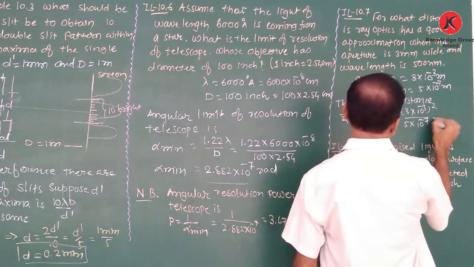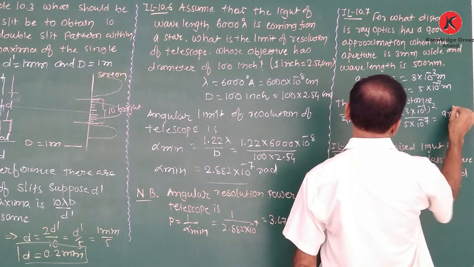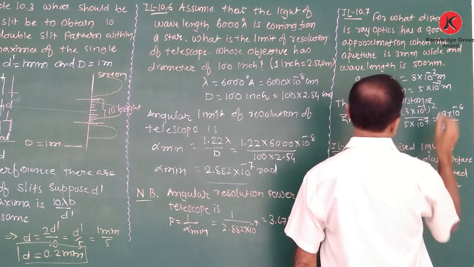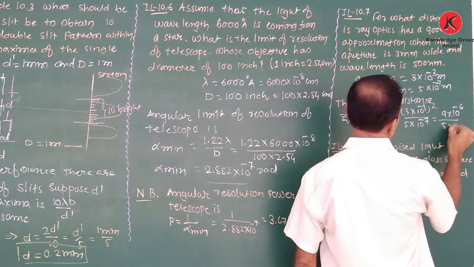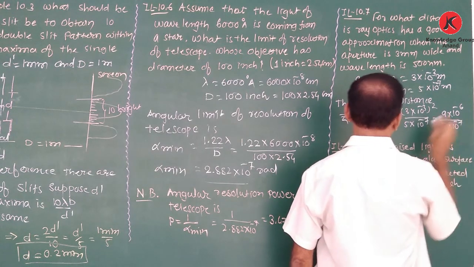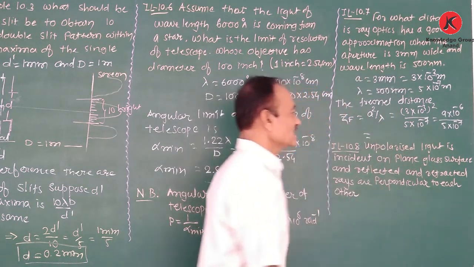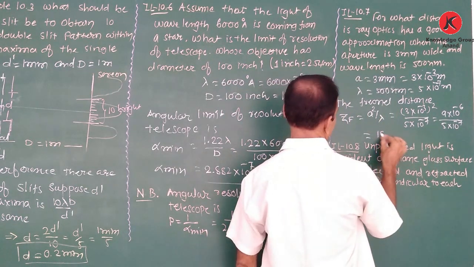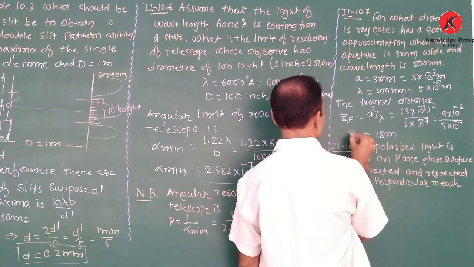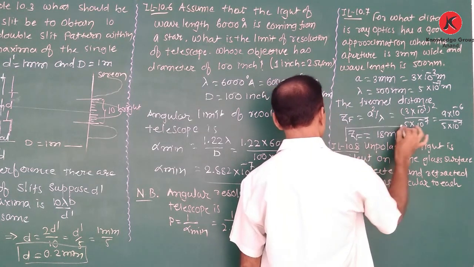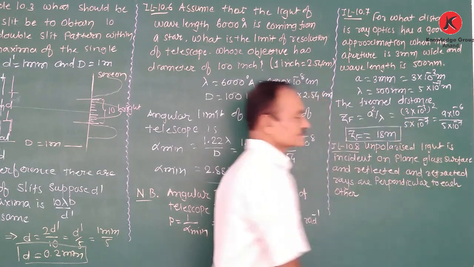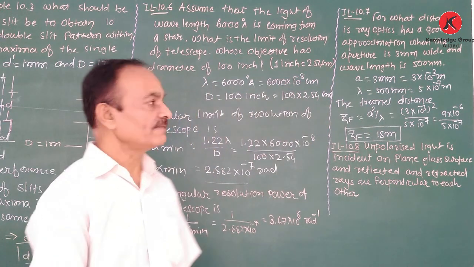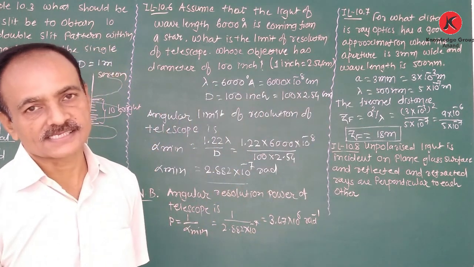So it is equal to 9 into 10 to the power minus 6 upon 5 into 10 to the power minus 7. Therefore, the Fresnel distance is 18 meter. That is the answer. The same type of numerical we calculated in the exercise. Okay.